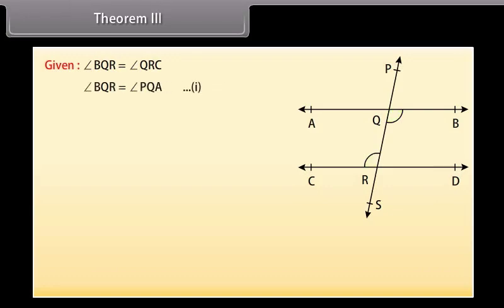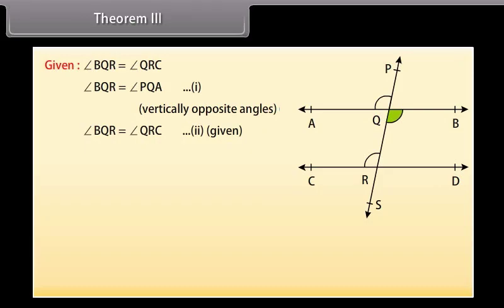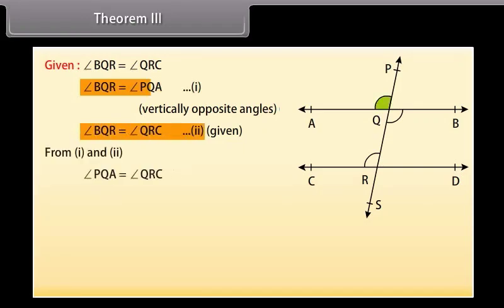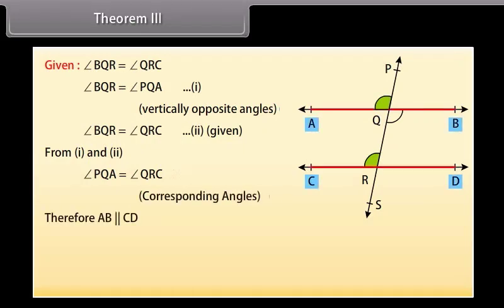Also, angle BQR is equal to angle PQA because these are vertically opposite angles. Mark it as 1. But angle BQR is equal to angle QRC, given. Mark it as 2. So, from 1 and 2 you may conclude that angle PQA is equal to angle QRC. But they are corresponding angles. So AB is parallel to CD, by converse of corresponding angles axiom.